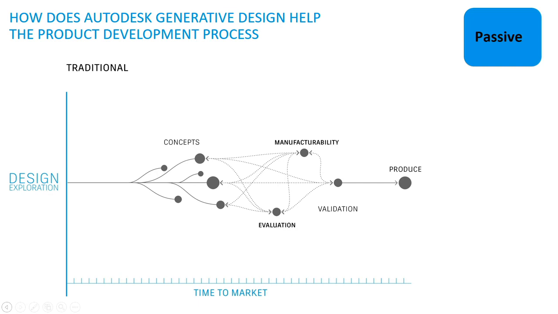Maybe we can reiterate on them, change a few things, and then check not only the evaluation in terms of parameters, requirements, etc. We want to check manufacturability in this case, but in our case, AEC, we check for constructability. Once we finalize, we get the final product that is most refined, most optimal. We move it into validation and then production or construction. That's the normal way we do things, right?